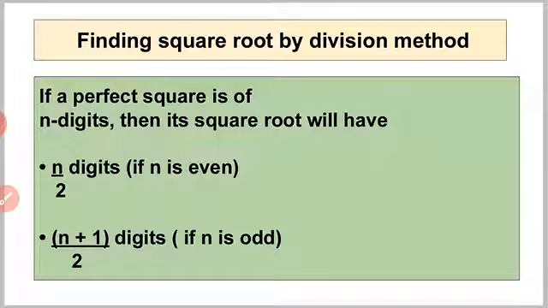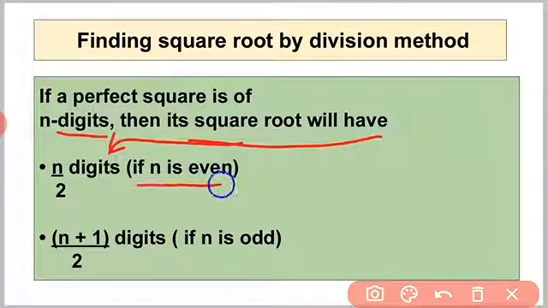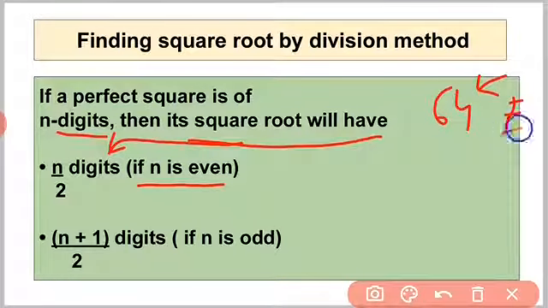If a perfect square is of n digits, then the square root will have n by 2 digits if n is even. Let us understand this by an example. Suppose 64. We know 64 is a perfect square and it has 2 digits, and 2 digits means it is even.